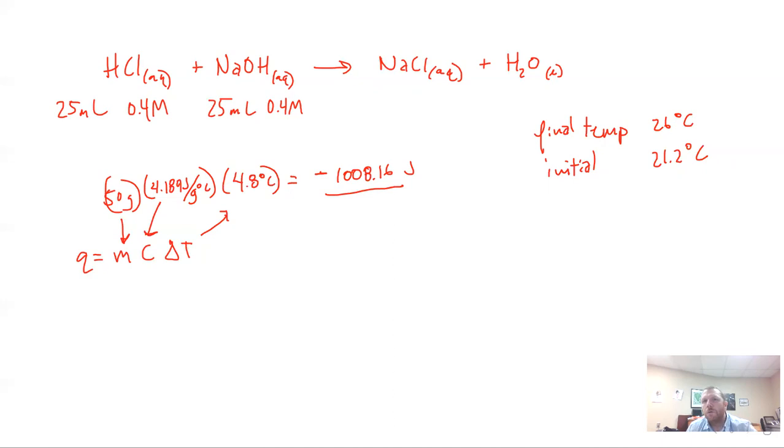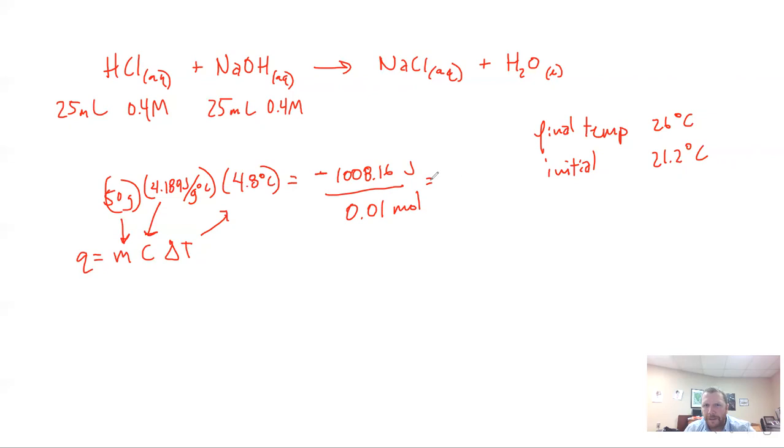Well, I did equal volumes of equal concentrations. So that would be my volume, which is 0.025 times 0.4, my concentration, and I would get a value of 0.01 moles.